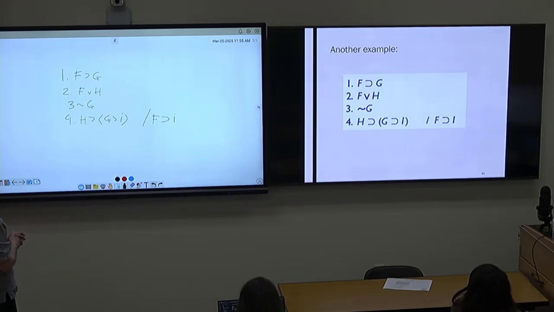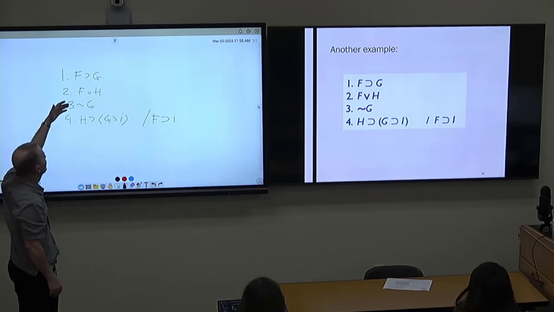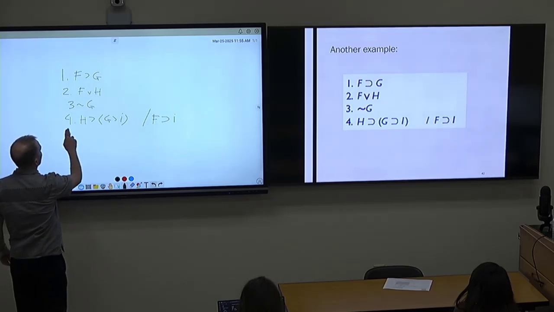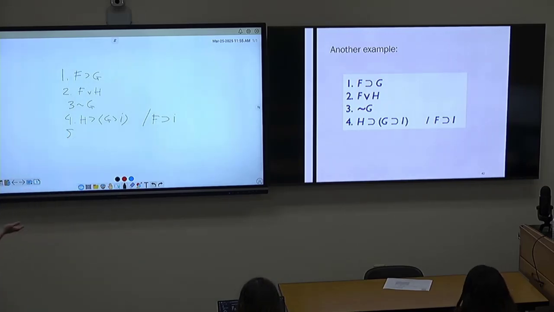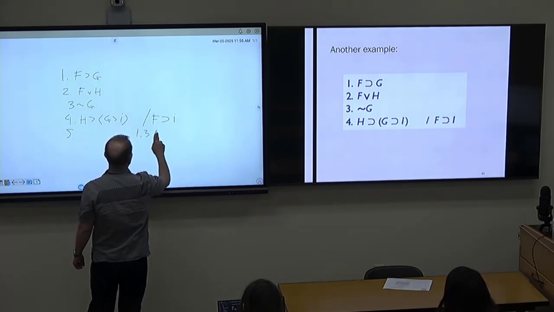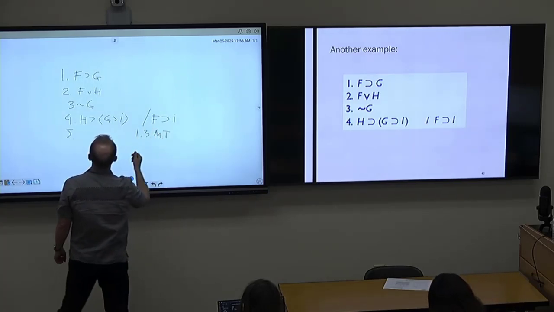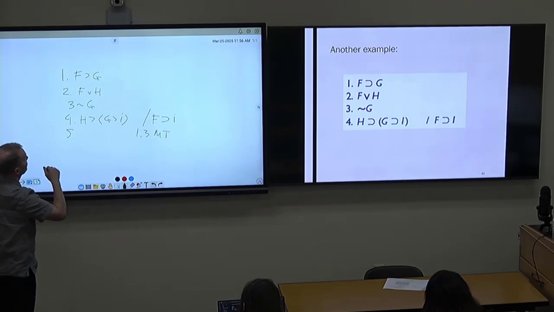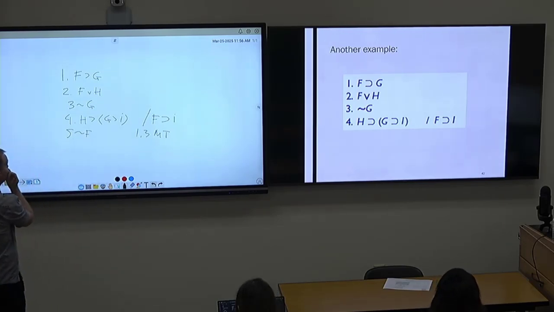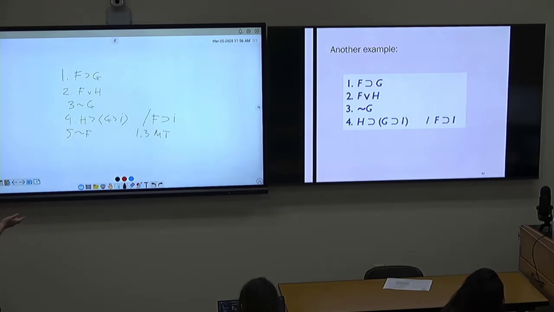But at this point again, you can just do your best. Just look at this part and try to see, can we get anywhere from here with the rules we already have? What can we use? I think we could use lines 1 and 3 and use MT. Lines 1 and 3 and MT, and we get what? Not F. Okay, that gave us something. Now can we use something else now?